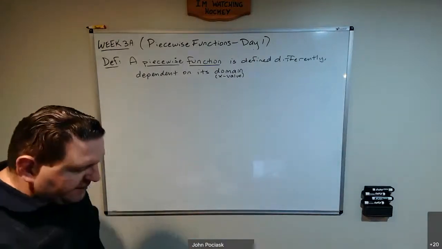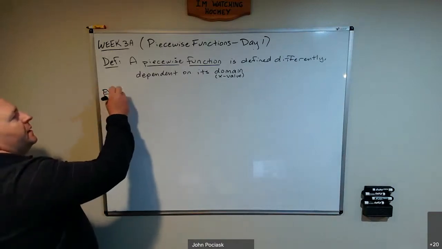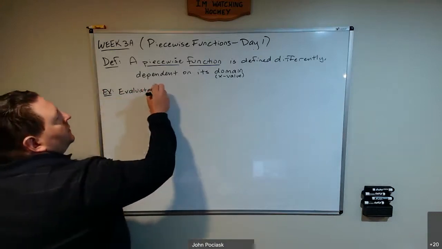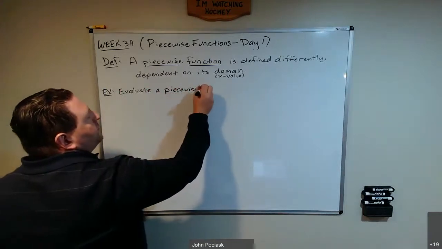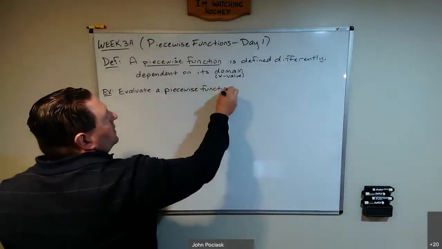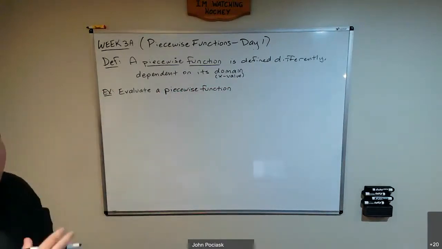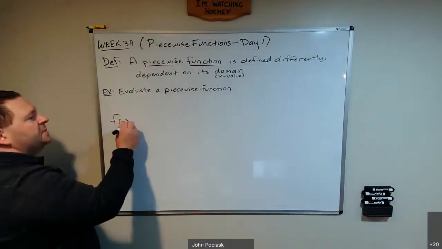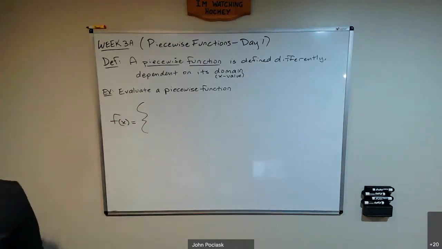The first thing is called evaluating a piecewise function. So a piecewise function has multiple lines associated with it. So when I write f of x, you want to leave a little space because there's going to be this kind of bracket thing that's going to hold all of the lines of the function together.